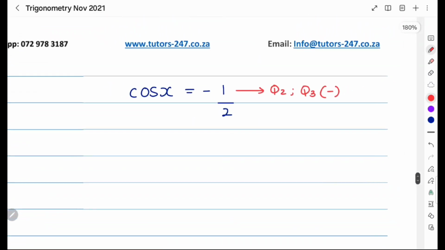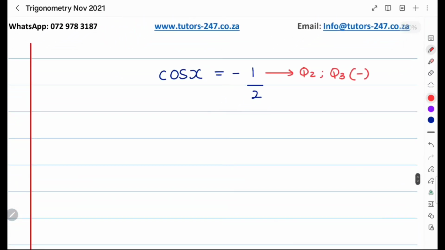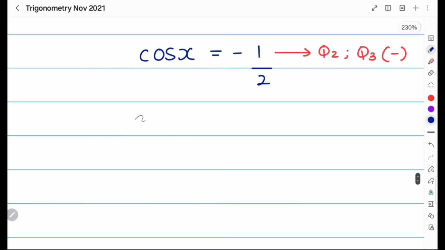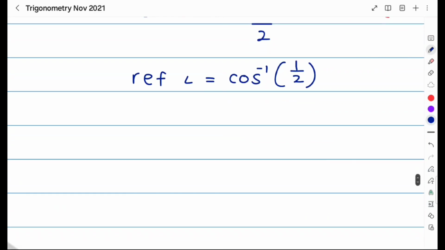Now, from here, let us identify our reference angle. So to find the reference angle, all you're going to do is move cos to the other side. So your reference angle is equal to cos inverse of 1 over 2. Please take note that when finding your reference angle, you do not include the negative sign.